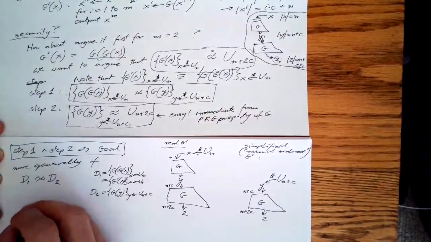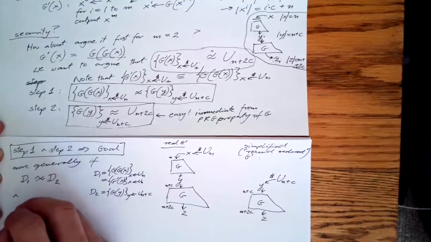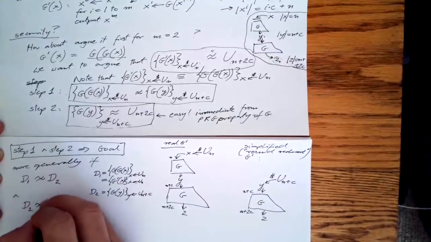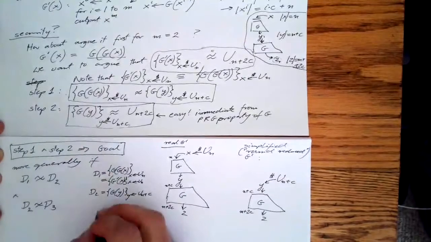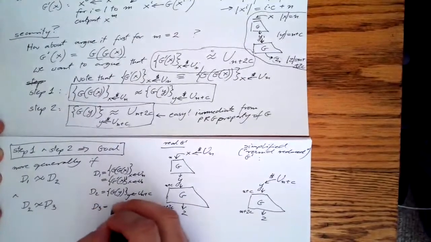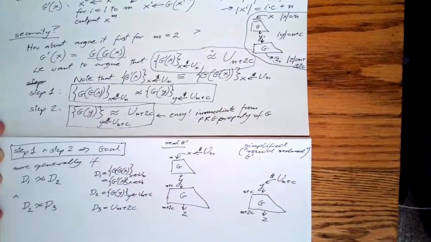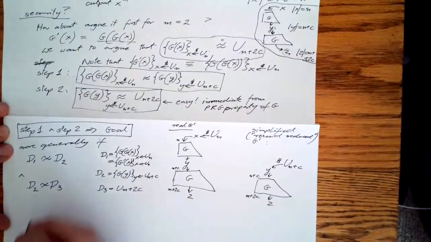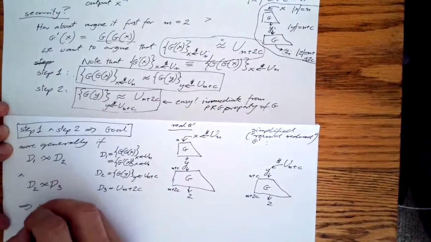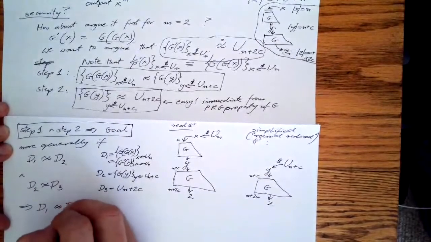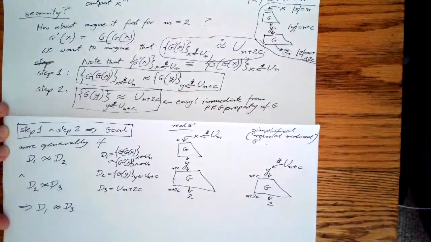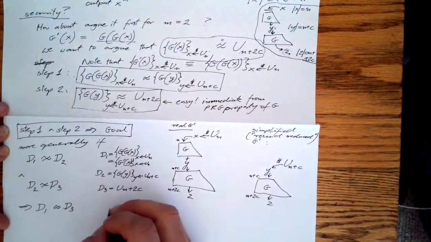If I knew this, and I knew that D2 is indistinguishable from D3, which in my case is just uniform n plus 2c bits, then it follows that D1 is indistinguishable from D3. And that was my goal.